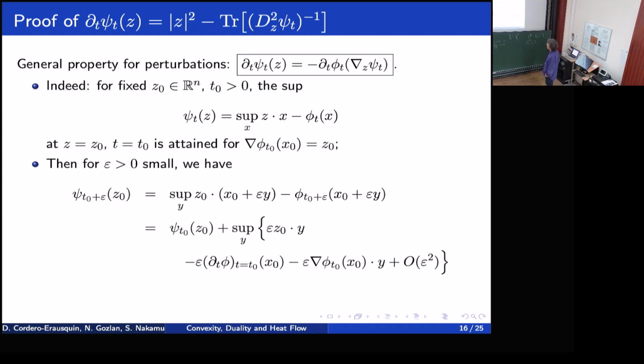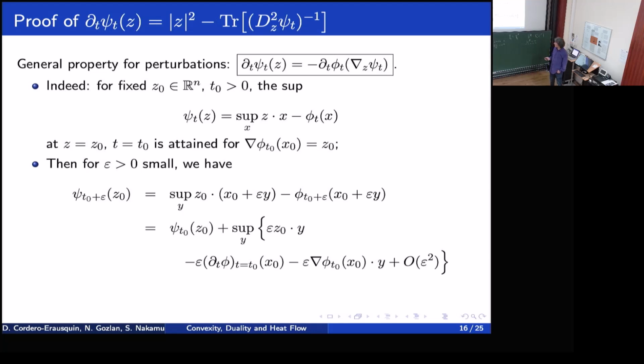Okay, so now let's do the Taylor expansion. You look at the first order. So the zeroth-order term is z0 x0 minus phi t0 x0, and of course by our choice of x0, this is exactly psi t0 z0. And now you look at the order in terms of epsilon.